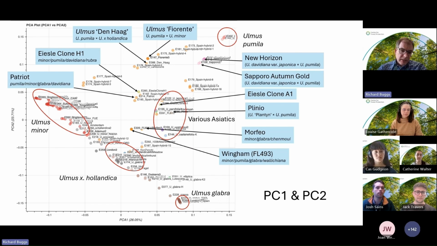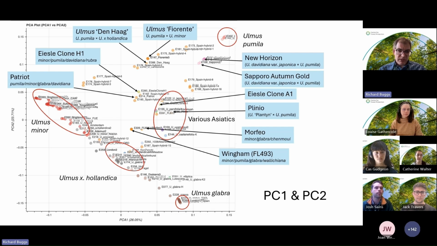Reassuringly, we find that known hybrids are coming out where we would expect them to come out. So, for example, Fiorente is known to be a hybrid between pumila and minor, and it's coming out in between the two. Similarly for Den Haag, Patriot, which has 4 different species within it, is coming out sort of where we would expect it to.